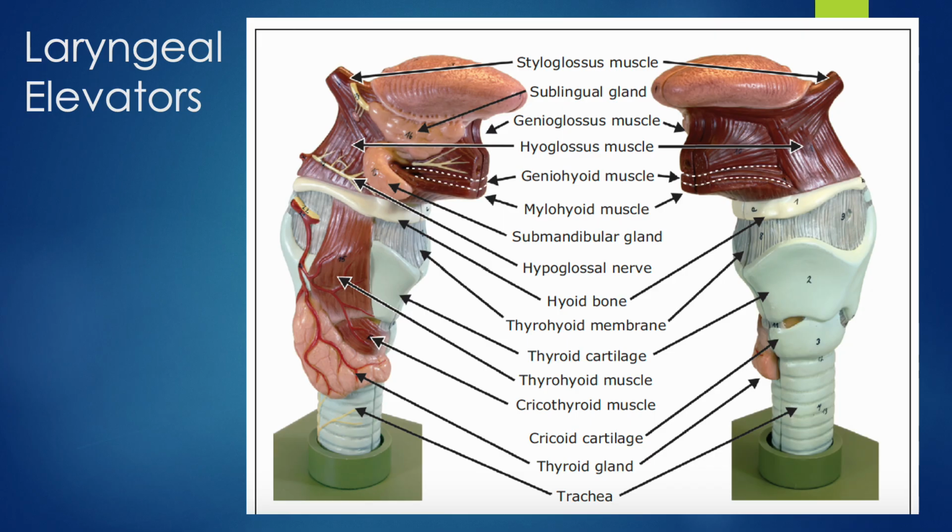All right, so this picture shows a better relationship of the tongue because we talked about the genioglossus here and the hyoglossus. Then we have the geniohyoid, and you'll see they've taken the mandible off this model, but the genioglossus inserts directly into the mandible right here at this anterior point.